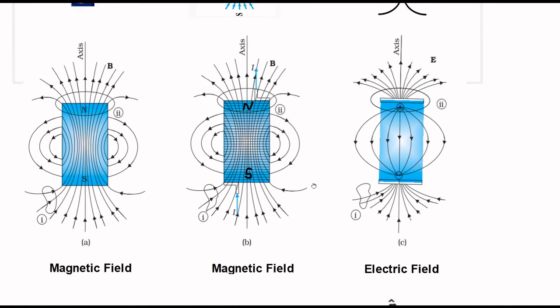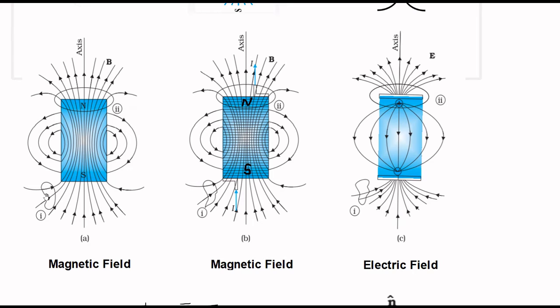Now let us consider closed surfaces. This is closed surface 1 and this is another closed surface 2 around the magnetic fields.